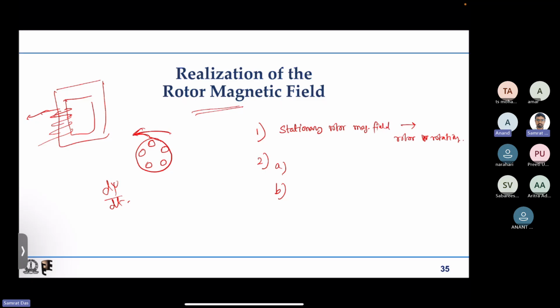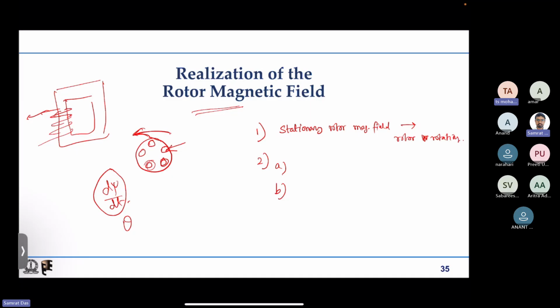With respect to rotating machines, we always talk about dynamically induced EMF only, because the rotor is moving, so the rotor windings are also moving.